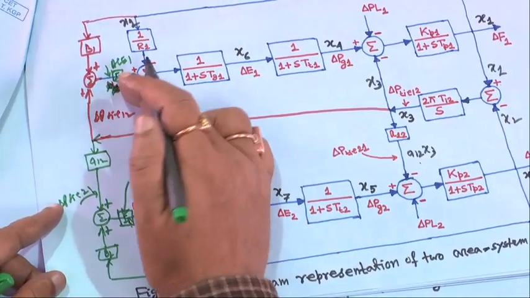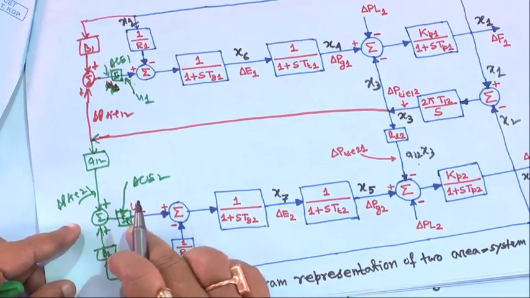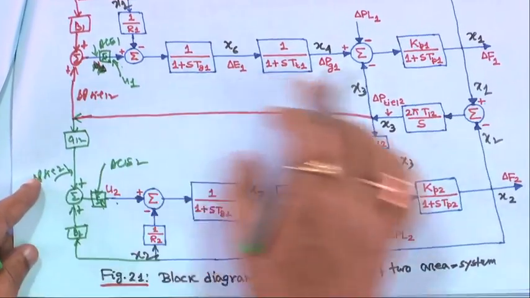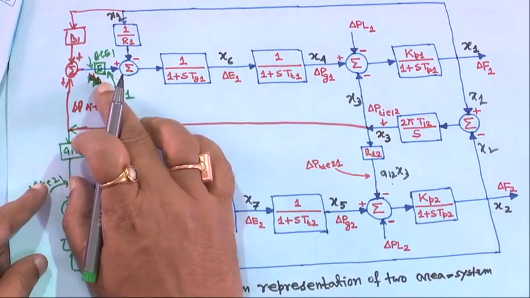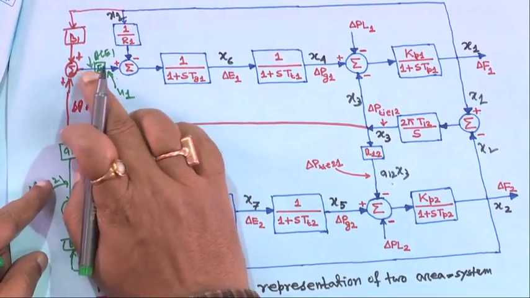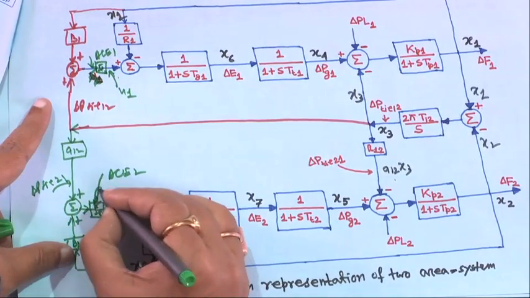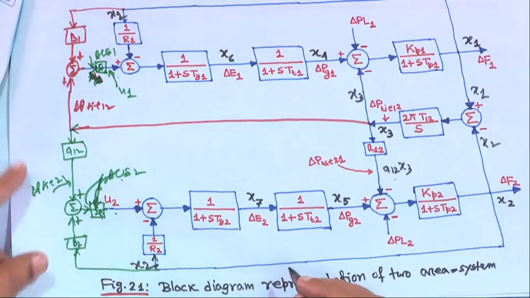So, this is the integral controller, this is the controller block, right. Because of the space limitation on this page, I could not put minus Ki1 upon S here. The input to this controller is AC2, right.